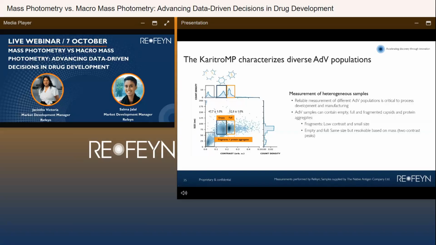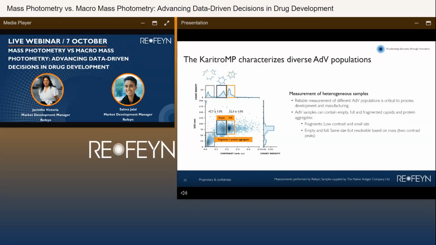So now with that said, you have two data segments given for every sample within the same measurement. You have the size and the mass-based contrast. So with both of those, now you're able to measure complex and heterogeneous samples, and you have a higher resolution to actually define or measure the different populations within these complex samples. So this scatter plot on the left is a measurement from a heterogeneous adenoviral sample.